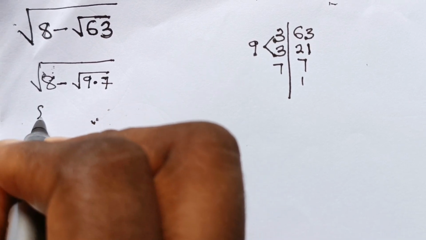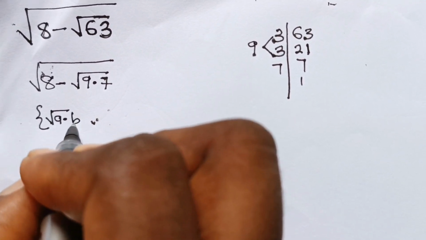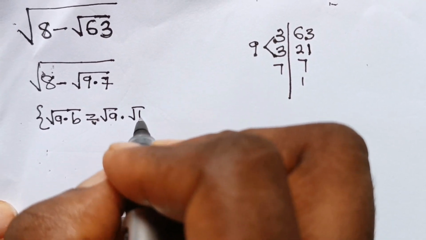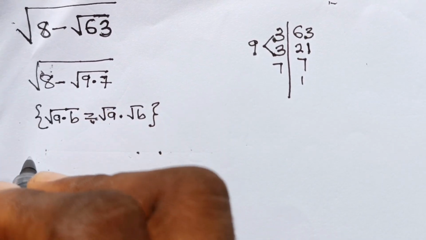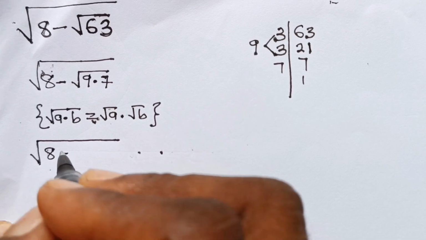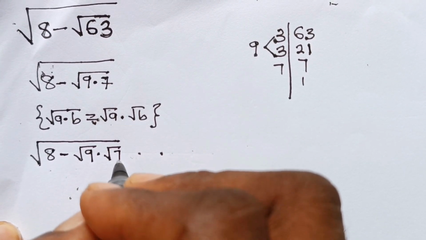Now remember that square root of A multiplied by B is equal to square root of A multiplied by square root of B. So that means we can write this as the square root of 8 minus the square root of 9 multiplied by the square root of 7.